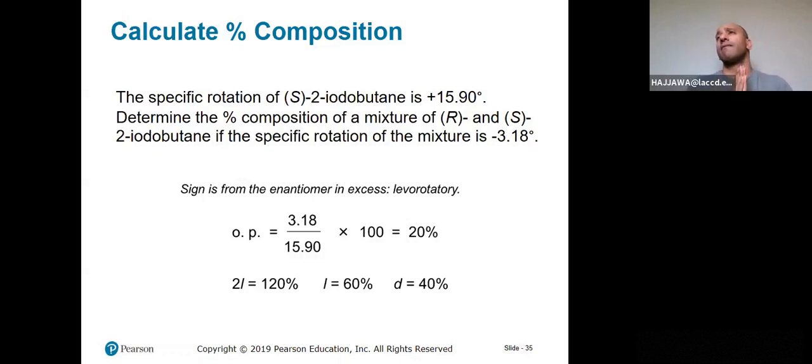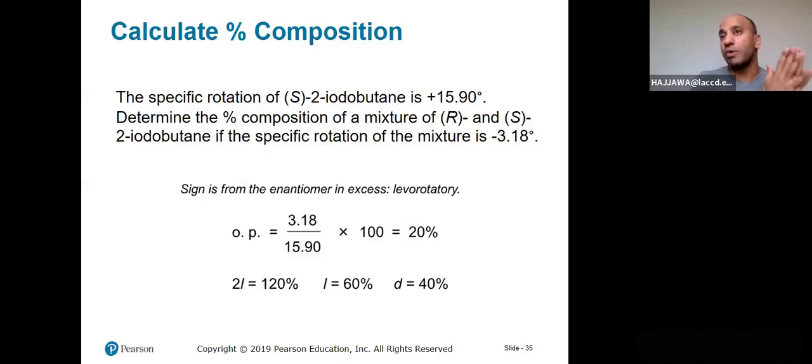What if I have optical purity or enantiomeric excess calculated, giving me 80% of R? What is that supposed to mean? 80% means I have 80 R and the 20% remaining divided 50-50. So what does that end up having for the composition?